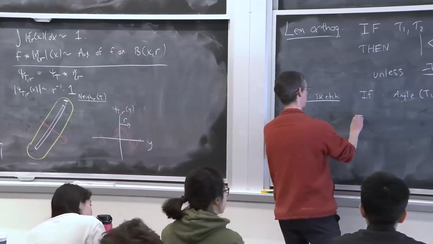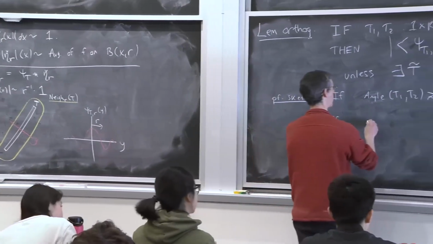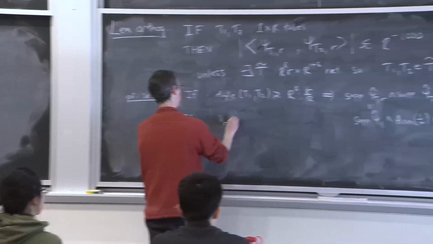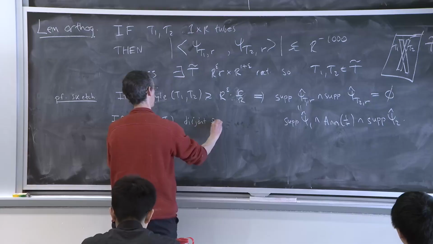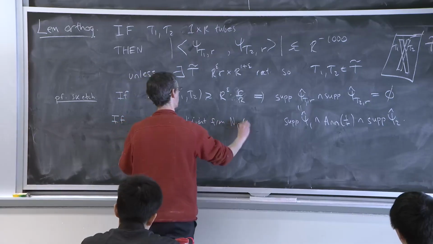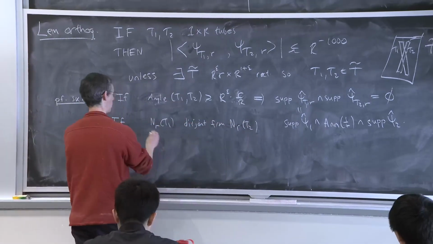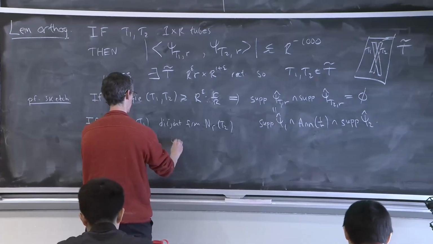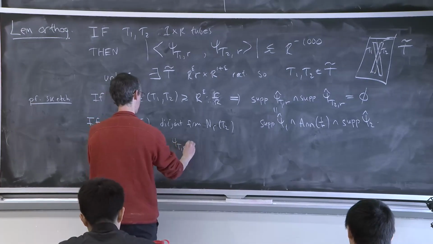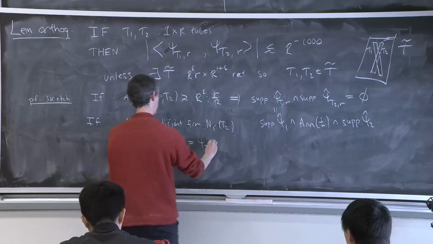So the other case is if the R neighborhood of T1 is disjoint from the R neighborhood of T2, or a little bit more than R, then we use the formula CTR is CT1 convolved with eta.